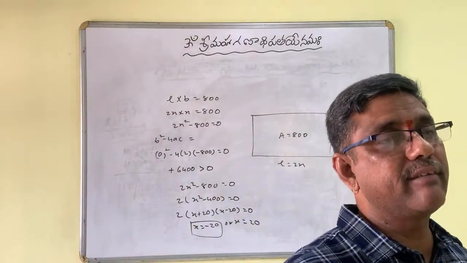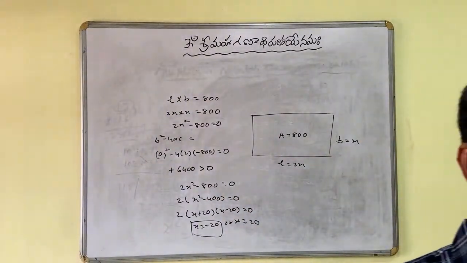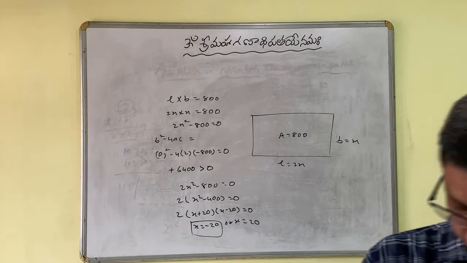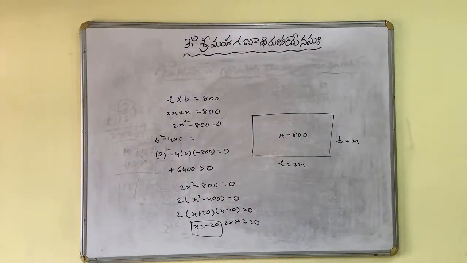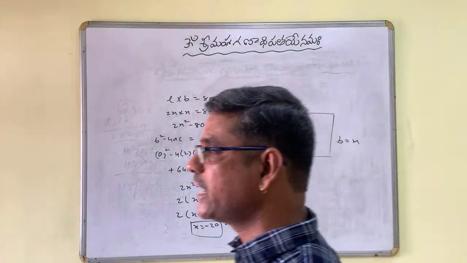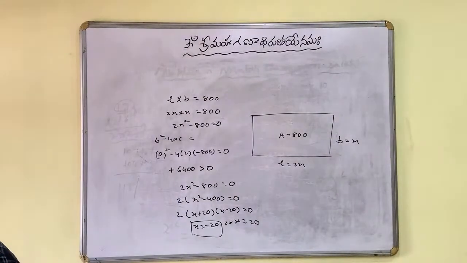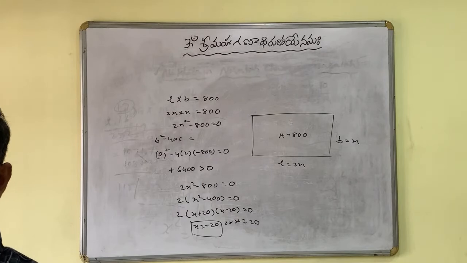That means you need to verify the nature of roots after forming the quadratic equation. After forming the quadratic equation, you should find out the nature of roots. Greater than 0 or equal to 0 is possible. Less than 0 is not possible.